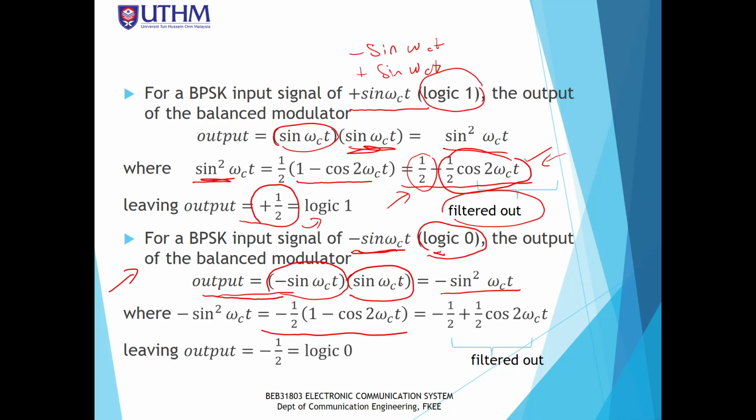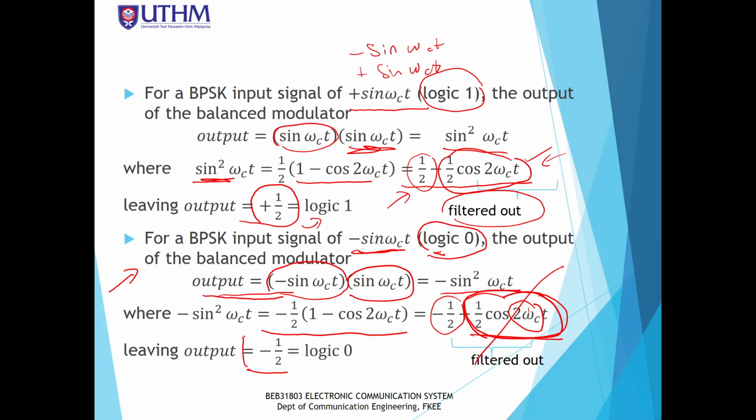So we have a DC voltage of negative 1 over 2 plus an AC voltage of 1 over 2 cos 2 omega ct. This is a high frequency, 2 times fc, so we can use a low pass filter to filter it out. After the low pass filter, we cancel out this component and produce only a DC voltage of negative 1 over 2 volt.